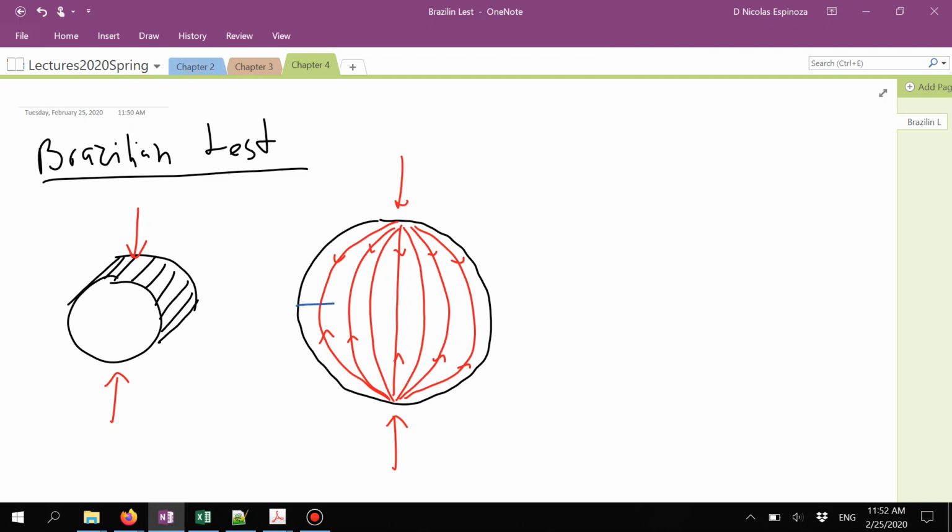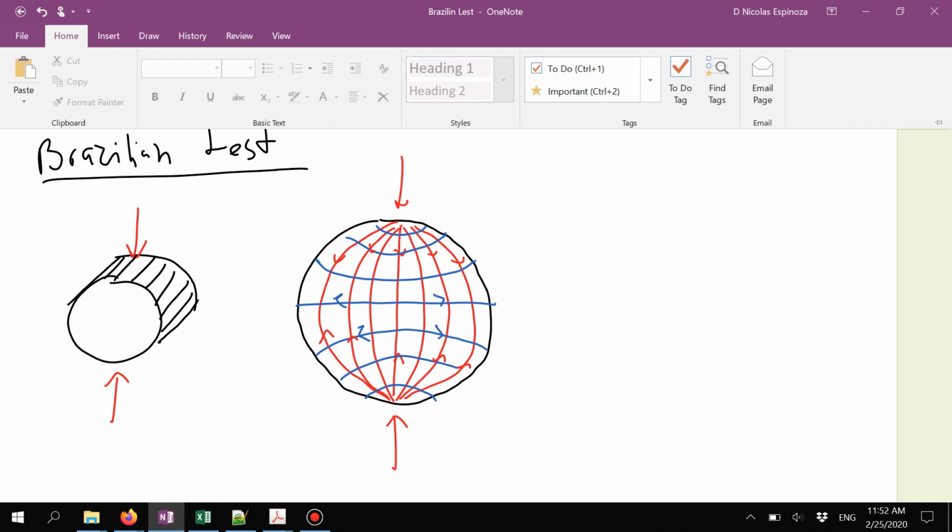So in the middle of the sample, we're going to have a tension that goes in this direction, and as you go further away from the middle, these tension lines are going to be perpendicular to the compression lines.